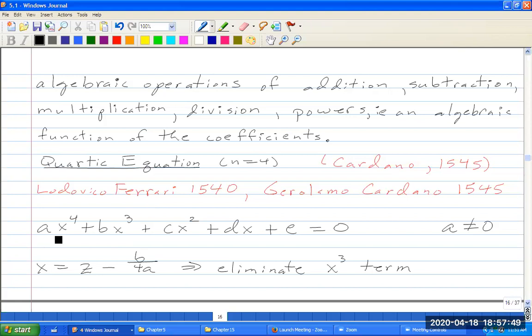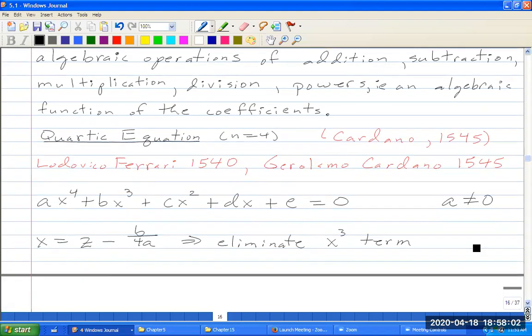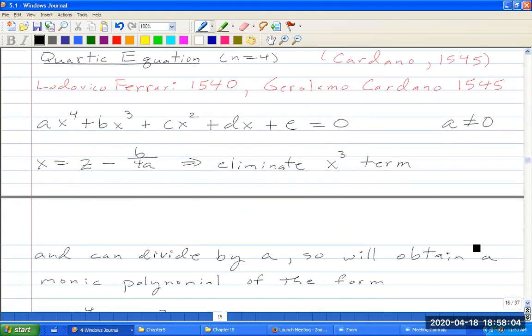So suppose I have ax to the 4th plus bx cubed plus cx squared plus dx plus e equaling 0, and suppose that a is not equal to 0. Then, just like above, I'm not going to show it.